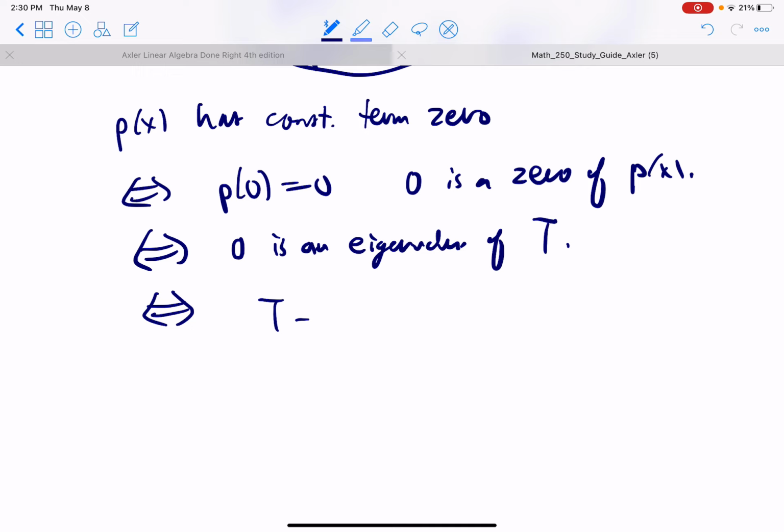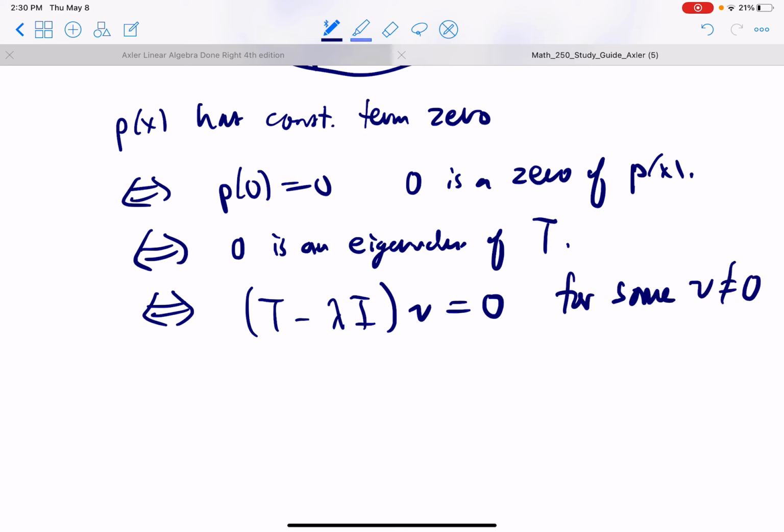What does that mean? That means t minus lambda I v equals 0 for some non-zero vector. Right? That means tv equals lambda v. But here our lambda is 0. Minus 0 times the identity. Okay?